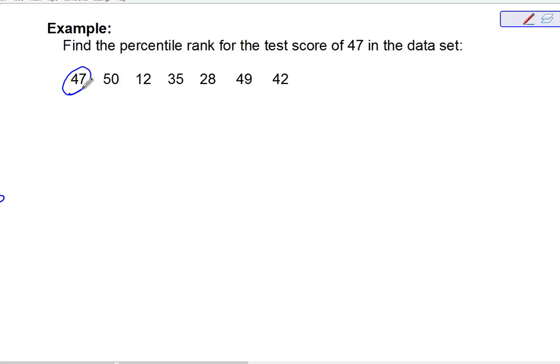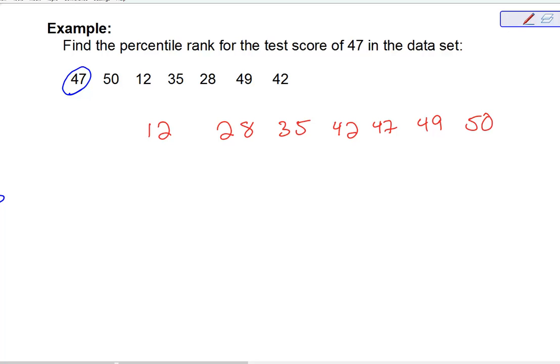Step one is always put them in order from least to greatest. So I'm going to come in here and I'm going to put them in order. I've got 12, 28, 35, 42, 47, 49, and 50. So I've put them in order from least to greatest.